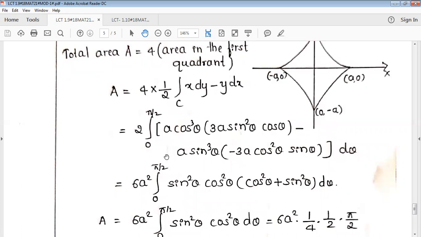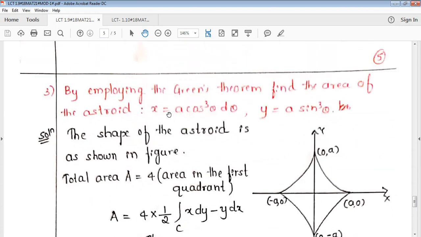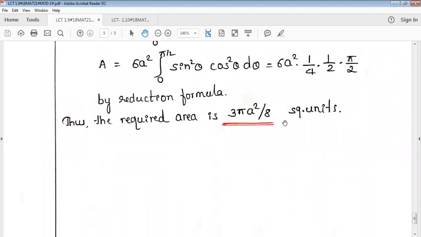And each time it is from 0 to pi by 2 for each quadrant. So it is a cos cube theta into 3a sin square theta cos theta d theta. Find dx and dy and substitute here, so that using the reduction formula of integration, you will get the area of the given asteroid as 3 pi a square by 8 square units.